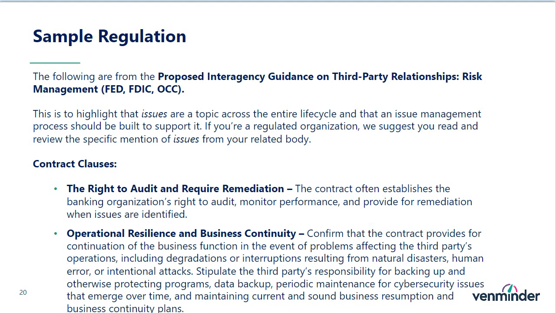And they might be in breach of contract if they don't have the controls in place, if they're not testing them, and certainly if you've seen an attack or some sort of a downtime or interruption because of these lack of controls. So issues management is the process and the mechanism beyond contract clauses that allows you to follow up and have an action coming out of the contract stipulations.